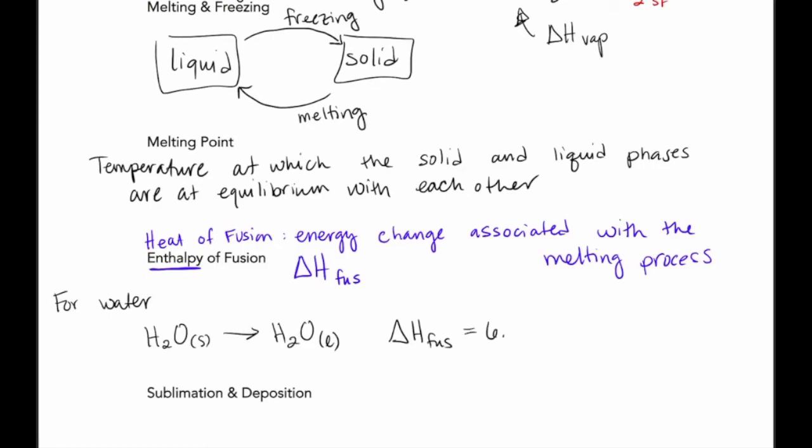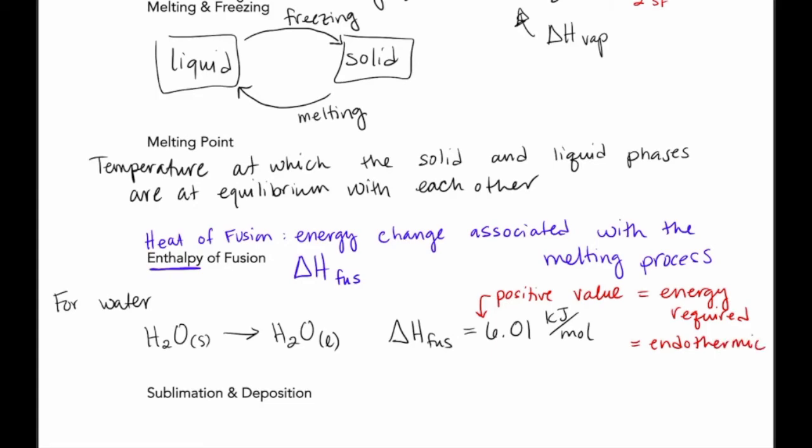So 6.01 kilojoules per mole. This is still a positive value. Energy is required. And if energy is required, we call that endothermic. Okay? Energy is required for that process to happen.